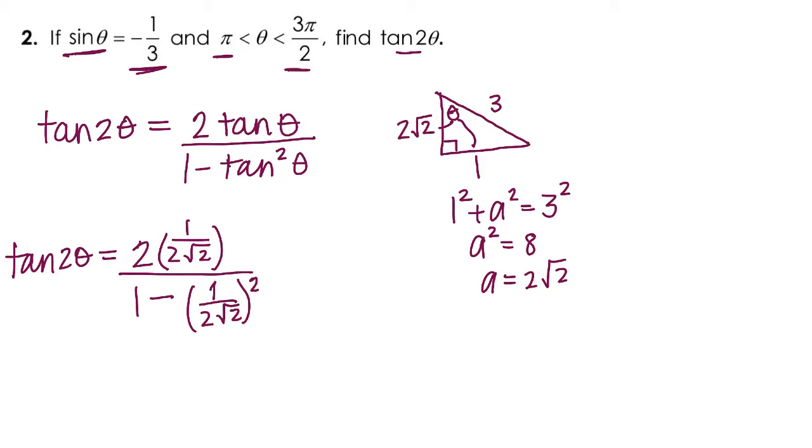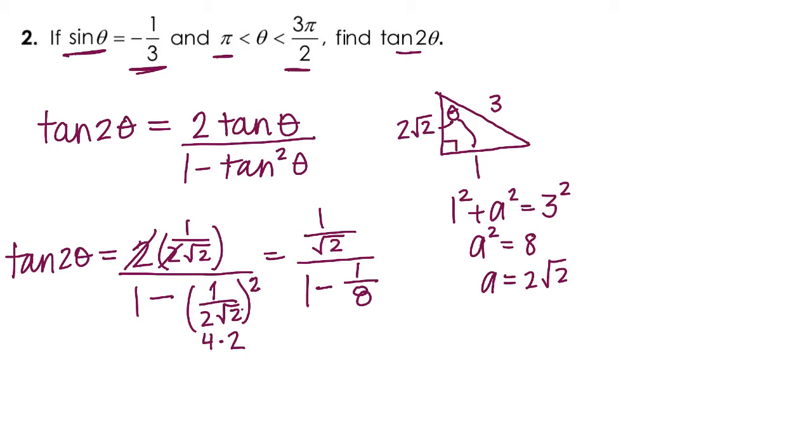Now keep in mind that you should be able to go through and do some canceling here. So this 2 and this 2 are going to cancel. So that's going to be 1 over the square root of 2 over 1 minus, and this is going to be 1 over, well, 2 squared is 4 times, and that root 2 squared is just 2, so that's going to be over 1 minus 1/8.